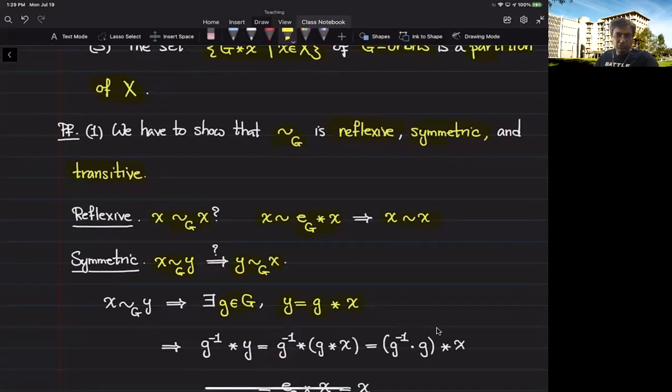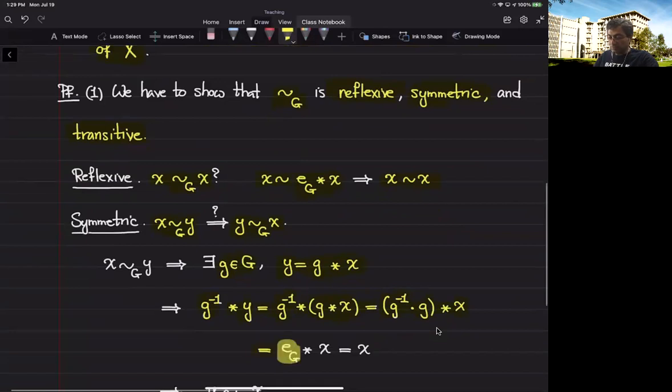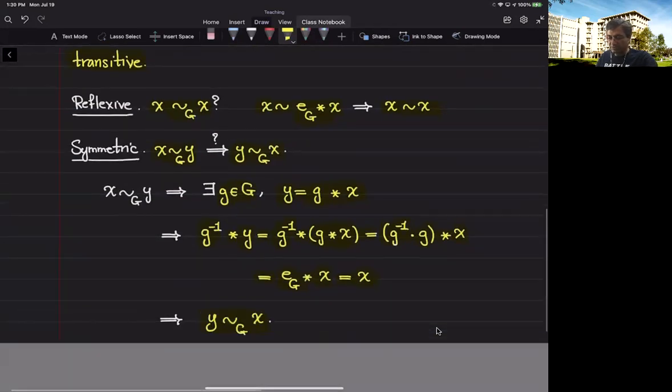So we simply look at G inverse. We let G inverse act on Y. That means G inverse acts on what G does to X. Because of the compatibility of the group action and group operation, this is the same as G inverse times G acting on X. G inverse times G is the neutral element of the group, which acts like the identity function, and therefore we can reach X by applying an element of G to Y. That means X is G-similar to Y. That's exactly what we wanted to show.